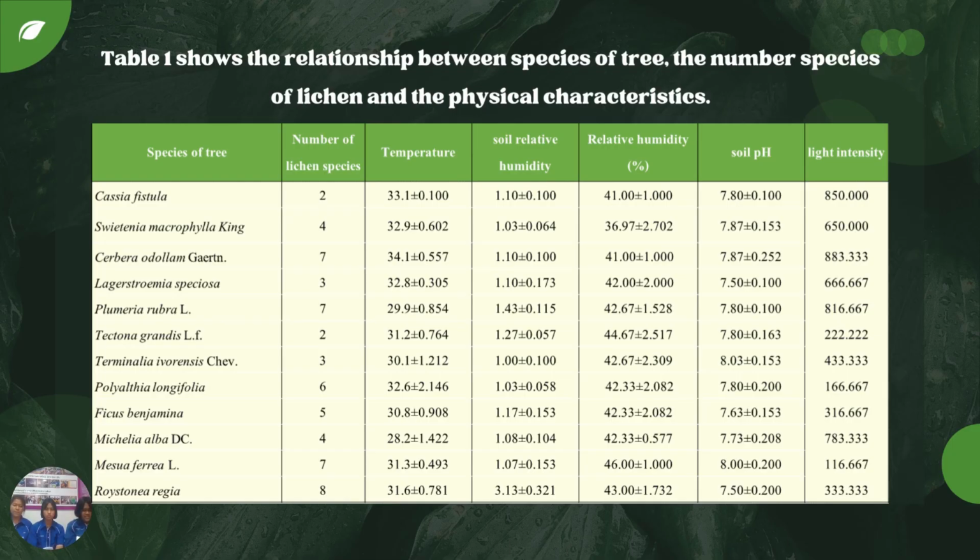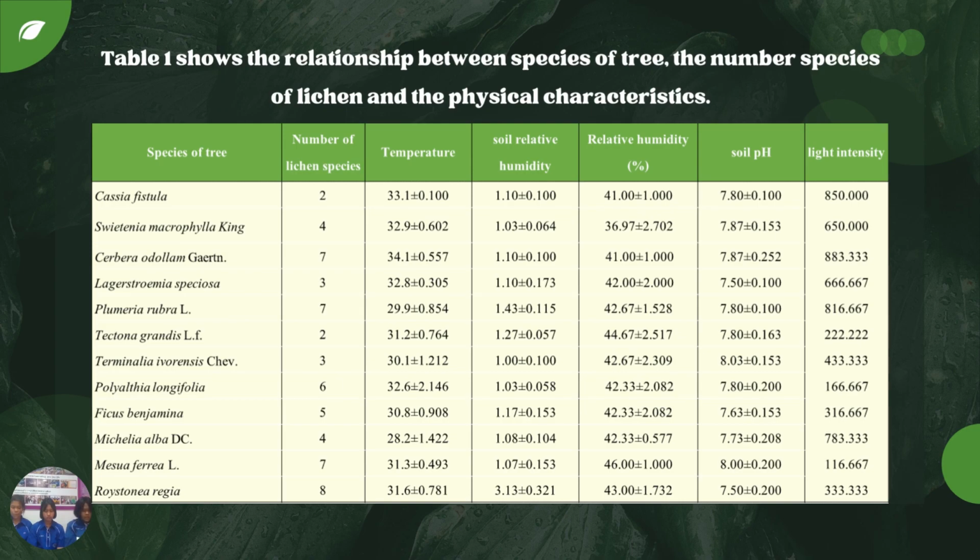Table 1 shows the relationship between bark characteristics, species of tree, the number of species of lichen, and the physical characteristics. It was found the temperature was between 28.2 and 33.1 Celsius. The moisture in the soil was between 1 and 3.13.